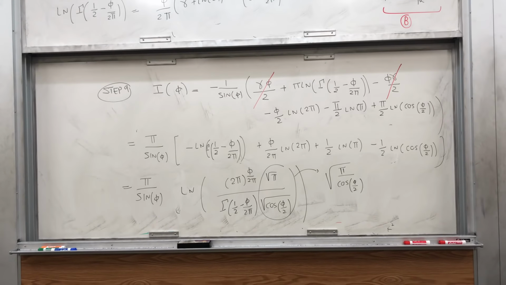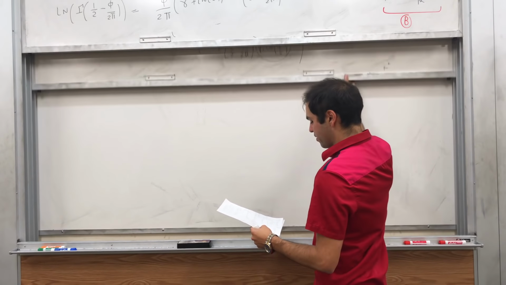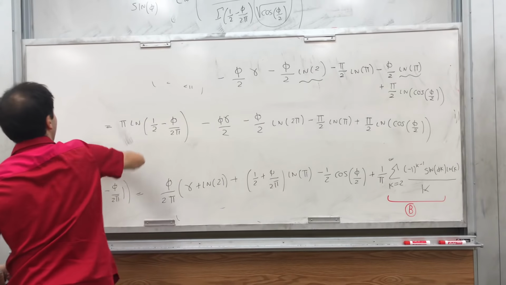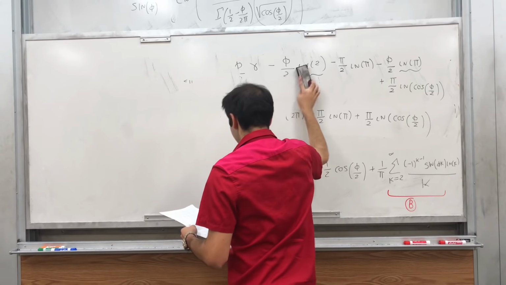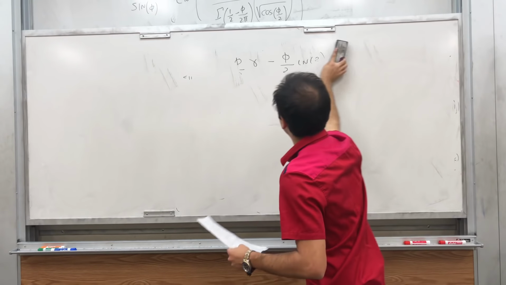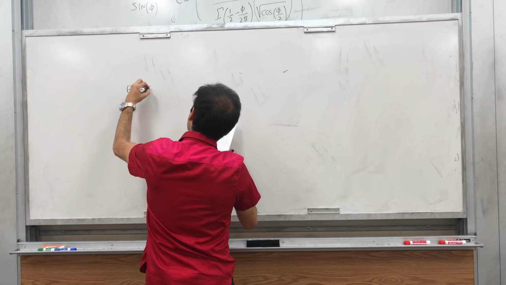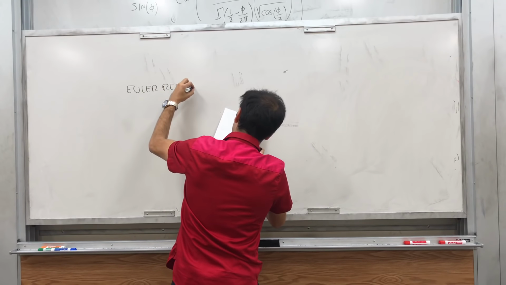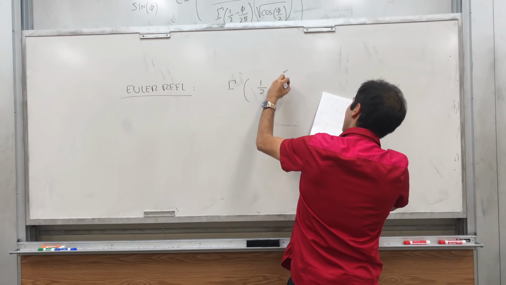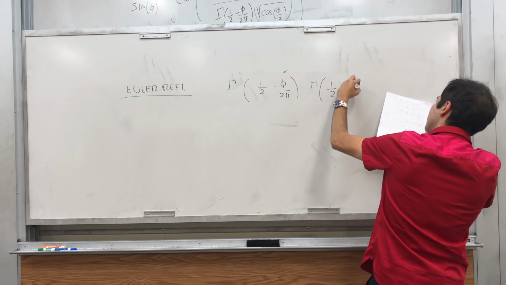And then I would like to remind you of Euler's reflection formula, which works particularly well here. So it just says, I think, gamma of z times gamma of 1 minus z. It's pi over sine of pi z or something. Anyway, in this case, Euler's reflection formula says the following. Gamma of 1/2 minus phi over 2 pi times gamma of 1/2 plus phi over 2 pi.